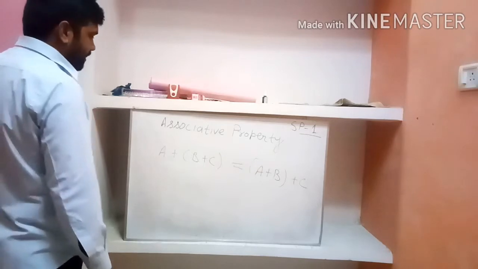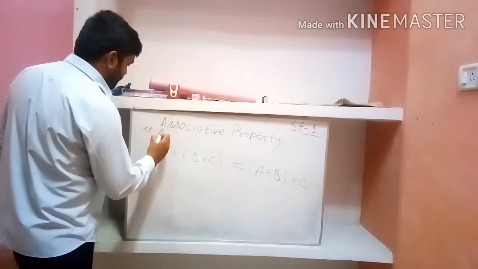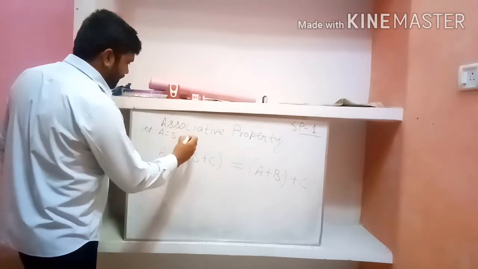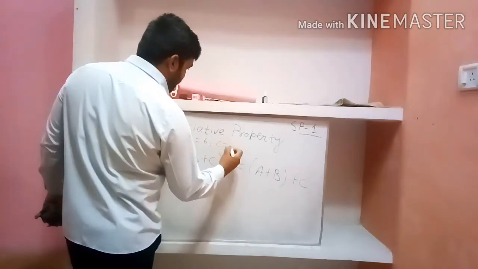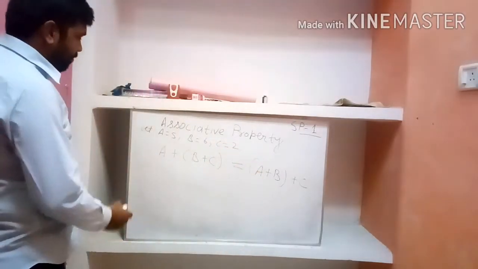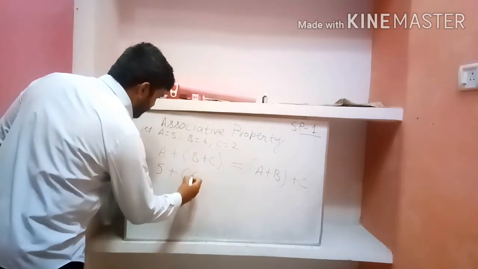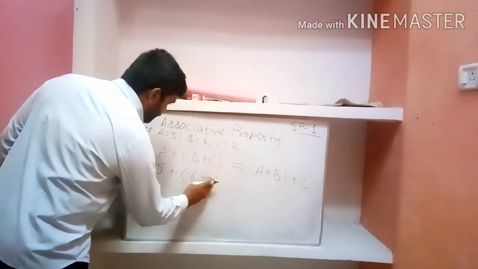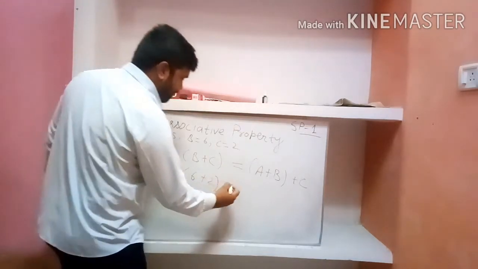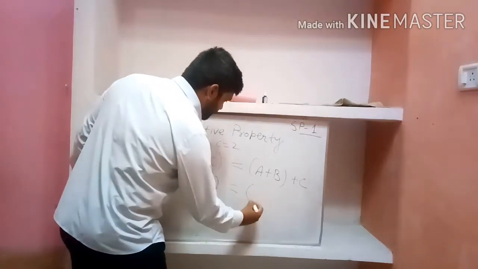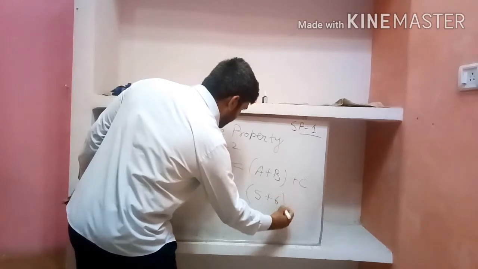Suppose a equals 5, b equals 6 and c equals 2. Now put the values: 5 plus, in the bracket, 6 plus 2.